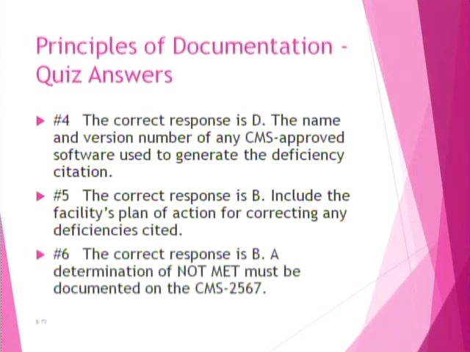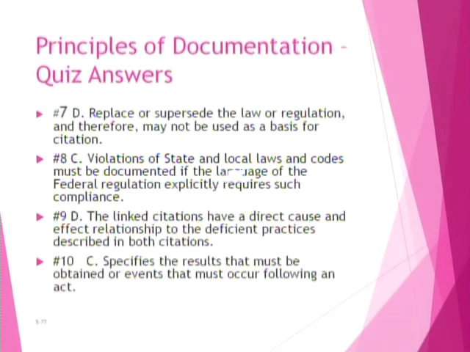The correct response is B. A determination of not met must be documented on the CMS 2567. Question 7. All right, the correct response is D. Replace or supersede the law or regulation and therefore may not be used as a basis for the citation.